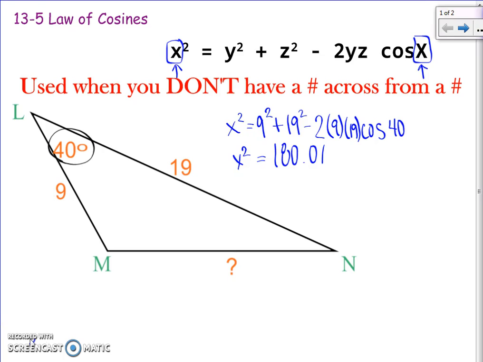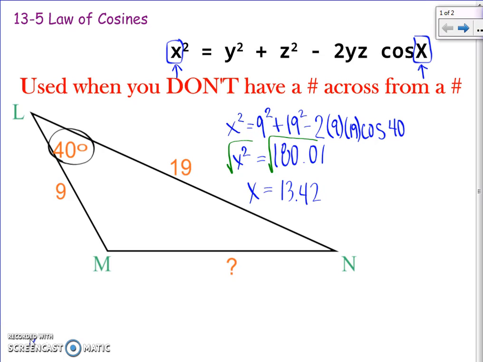What should we do? Yep. What's the real answer? 13. Questions? Okay, put the numbers in, put them in the calculator, square root.